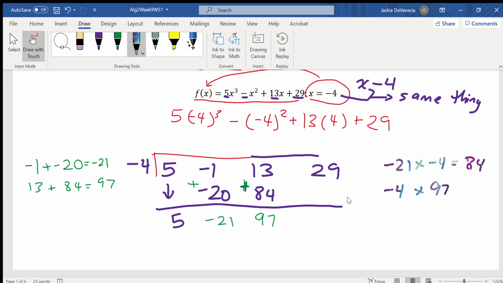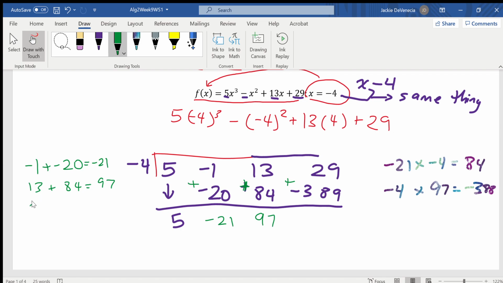Remember, a negative times a positive gives you a negative, and you're going to get negative 388. So this one I'm going to write underneath the 29, and I'm going to add it.